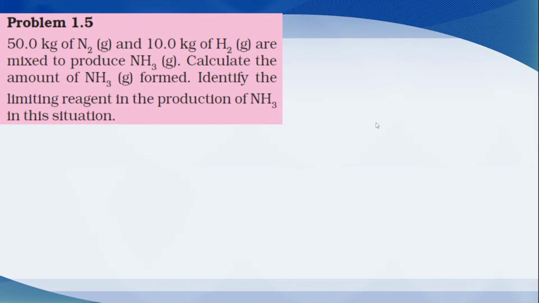So first of all, we have to identify the limiting reagent. Just write the balanced chemical equation first. N2 gas reacts with H2 gas to give 2NH3 gas. So just balance it. This is the balanced chemical equation.